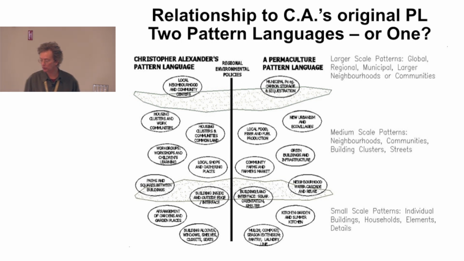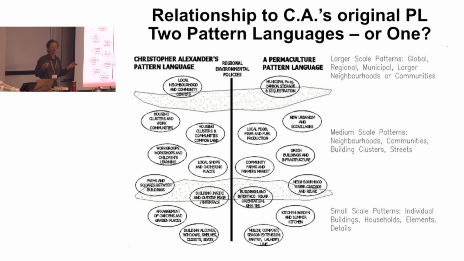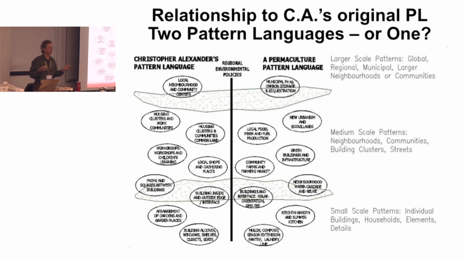So to compare the two and to see how we're sort of evolving from one to the other, we can look at some of these. If we look at, let's say, housing clusters and work communities, that's definitely a solid pattern in Christopher Alexander's work. On the other side, though, we're beginning to look at new urbanism and the usefulness of eco-villages.